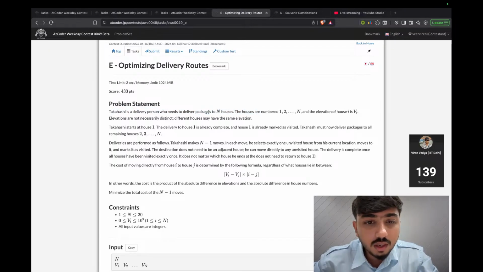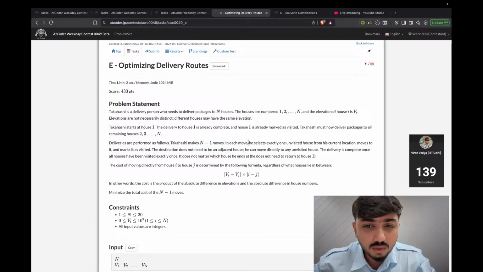To deliver a package to a house, the elevation of house is vi. One by one he will deliver. They are trying to say deliveries are performed as follows.